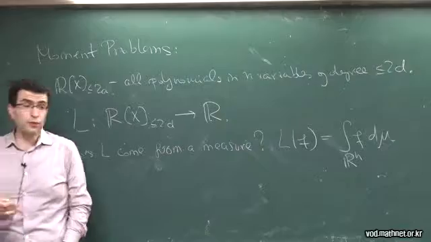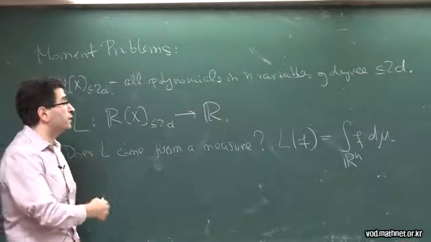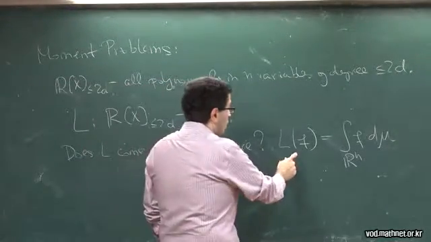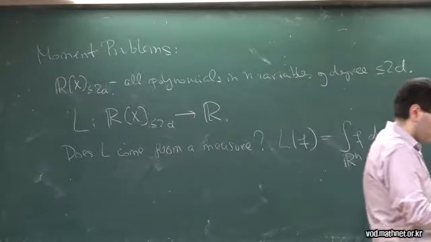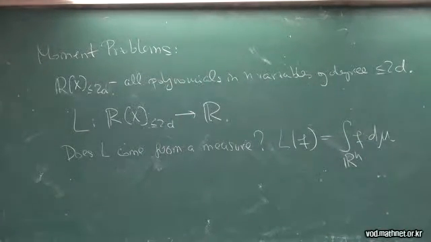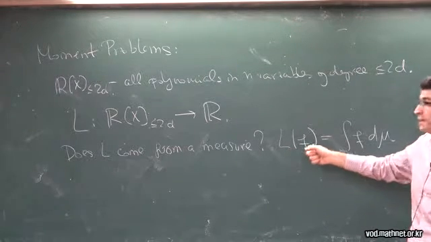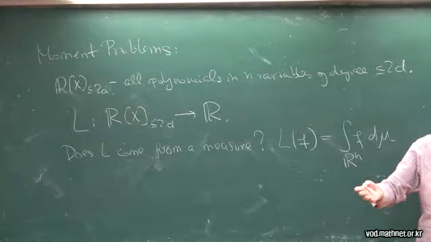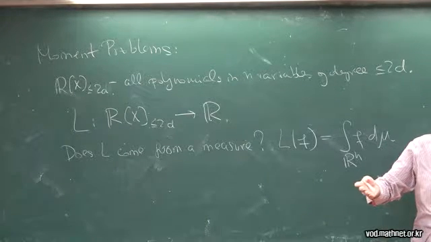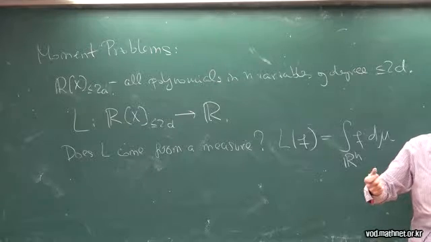So what would be an obvious necessary condition to come from a measure? What happens if you come from a measure and you eat a non-negative polynomial, what must you output? Right.